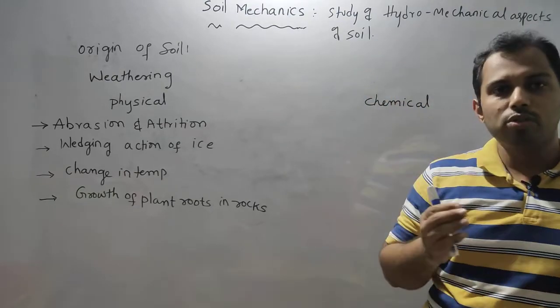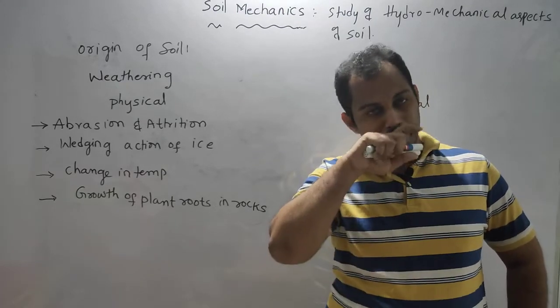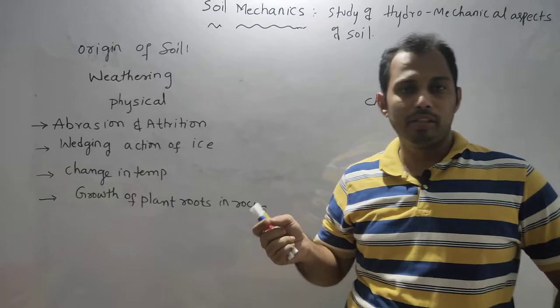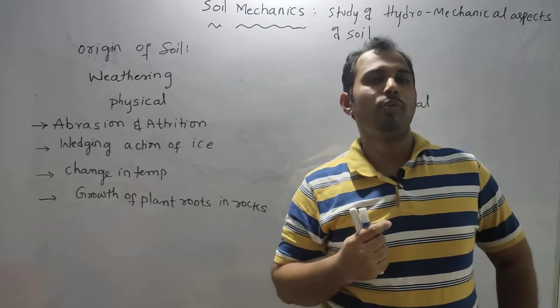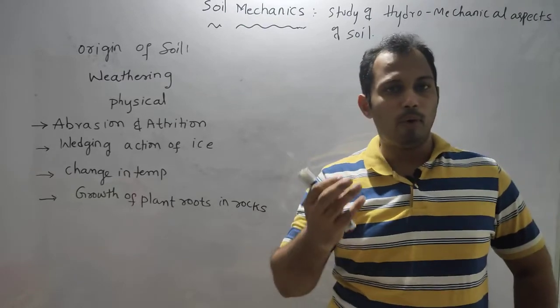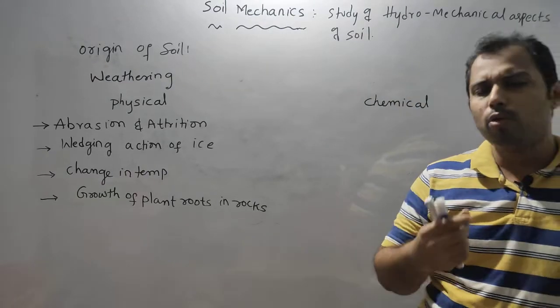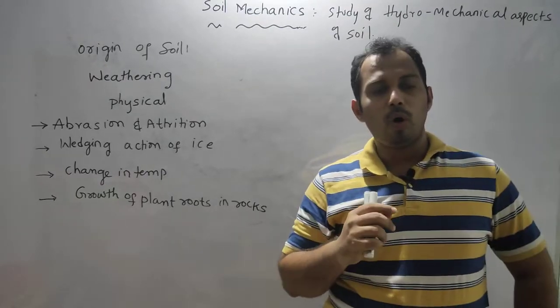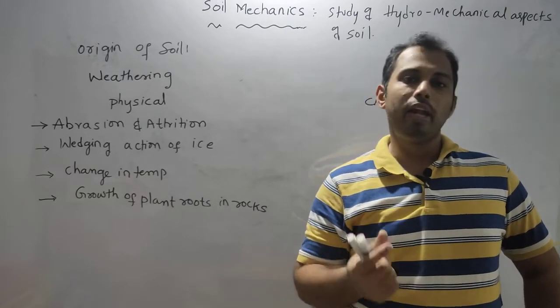So the major soil which we have seen in our earth is of abrasion, wear and tear soil only. There are many factors which cause the wear and tear. It may be river water, ocean water, wind, glacier, gravity, whatever it may be. All are causing wear and tear, because of which we are finding the soil.